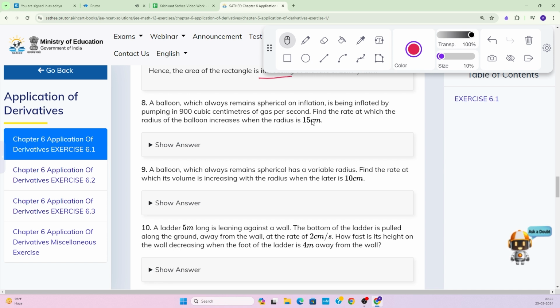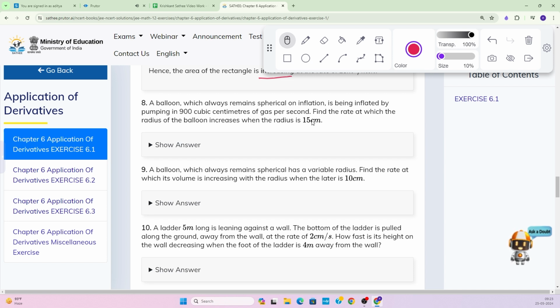This means every second the amount of gas going in is 900 centimeter cube. We are talking about per second. So what is given to us? dV by dt is given to us. dV by dt is equal to 900 centimeters cube per second.